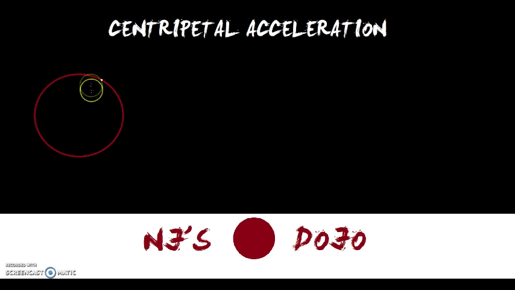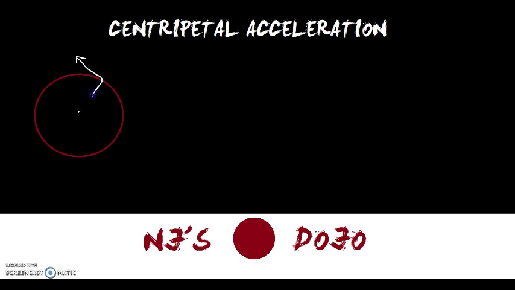So as stated, the first component points in its tangential direction. And this stems to a second, which comes from the continuous change of direction of the velocity vector and points in the negative radial direction towards the center of the circle.